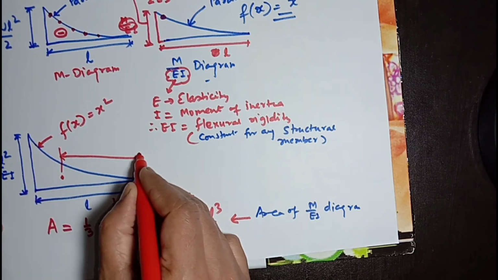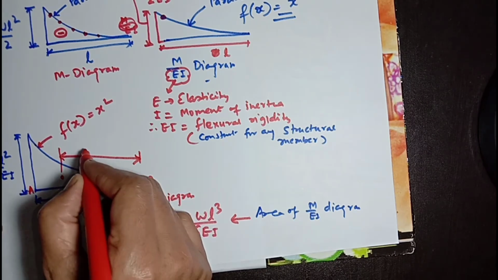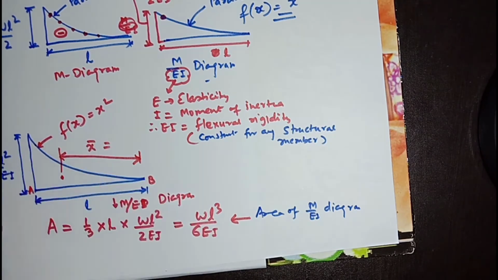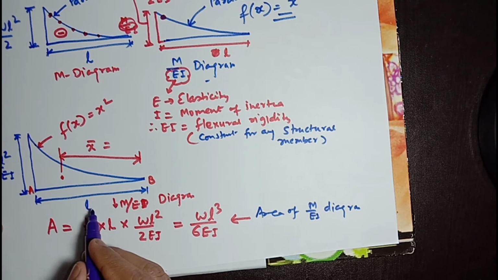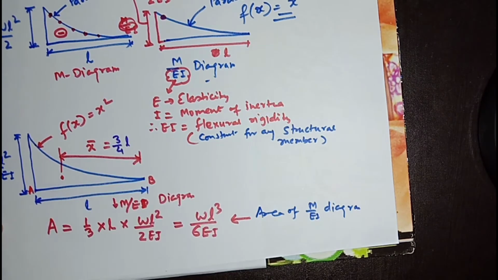This is x bar from point B. This is point B and this is point A. X bar will be 3/4 of this length L. We have directly used the area of this parabolic curve and the centroid of this curve.